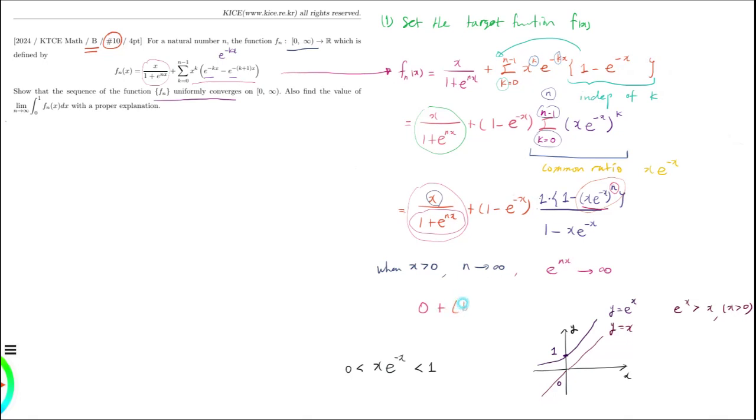So what's left is 1 minus e to the minus x power times 1 over 1 minus x times e to the minus x. Okay, so this will be our target function when x is strictly positive.